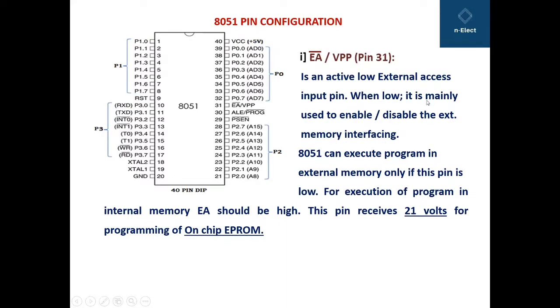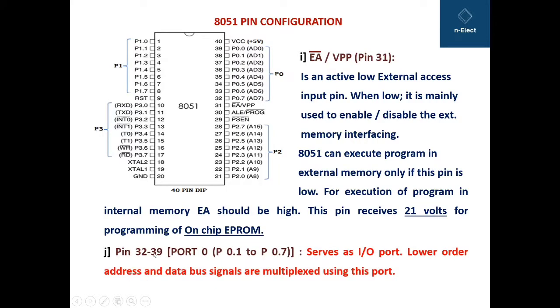Means when it is low, it is used to enable, otherwise to disable the external memory interfacing. 8051 can execute program in external memory only if this pin is low. For execution of the program in the internal memory, EA should be high, and under such condition, this pin will receive 21 volts for programming of on-chip EEPROM.